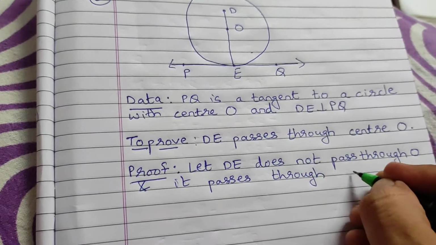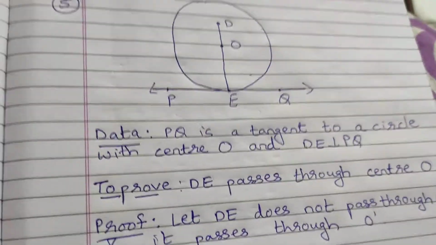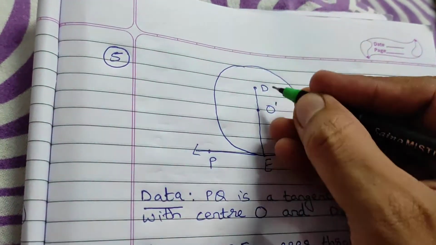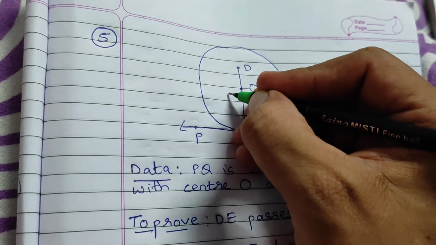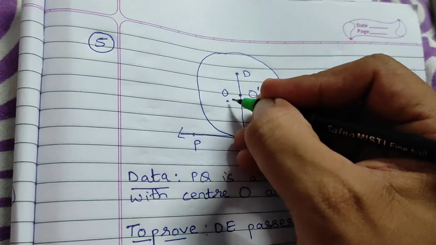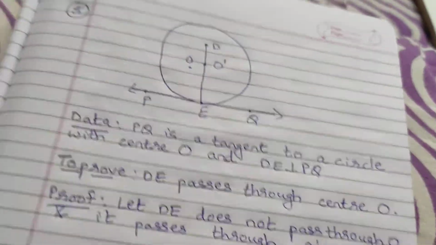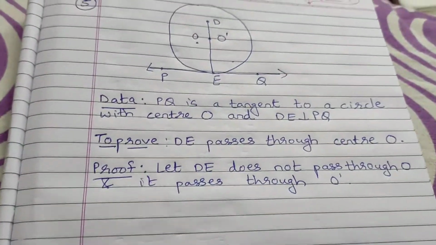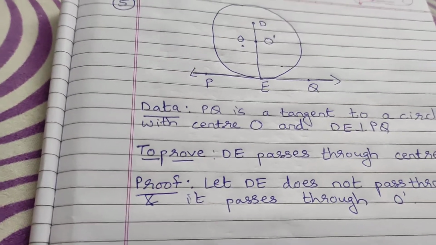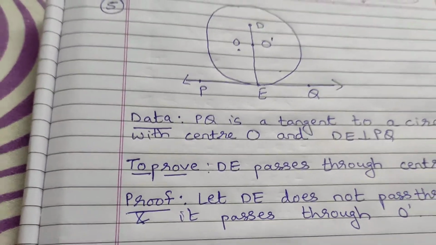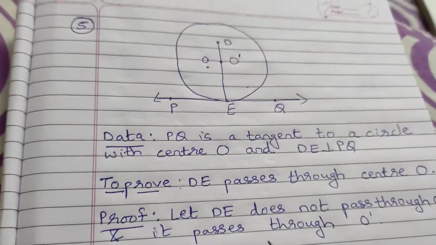So students, this is a contradiction that I have taken. Let us assume that DE passes through O dash and does not pass through O. Let us take O here and let DE pass through O dash. Okay, this is our supposition. And we will prove that our supposition is wrong. Right? Now let's go further.